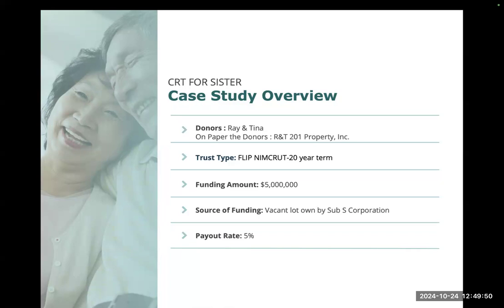And so for Ray and Tina, that was good. And so the income after the property is sold, the income then will be paid to the sub S, but Ray and Tina are the only shareholders, so dividends flow through to them. So that's how you can work with a sub S corporation at times and use that with a charitable remainder trust.